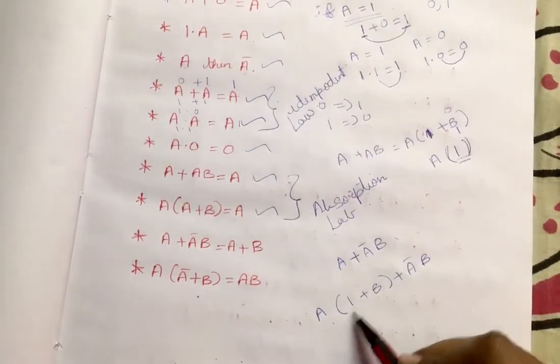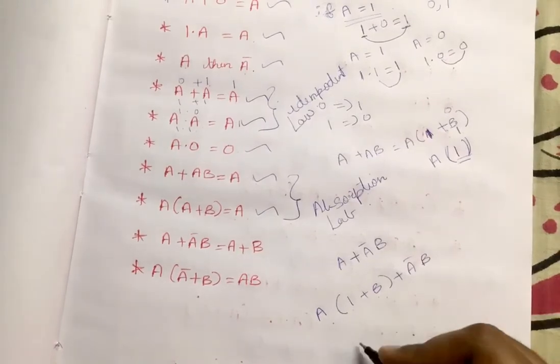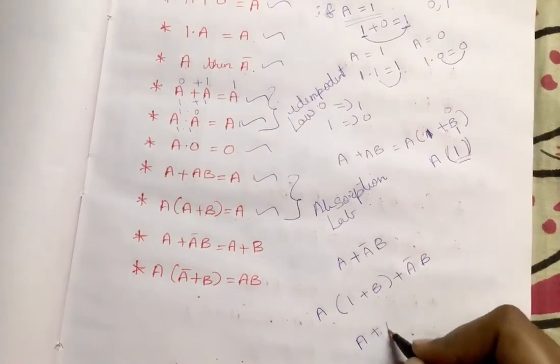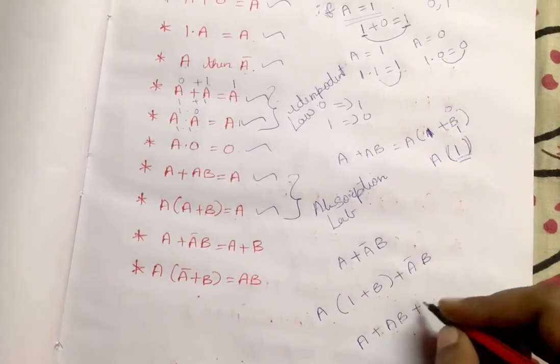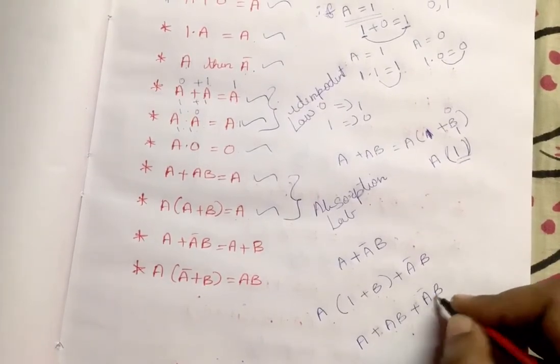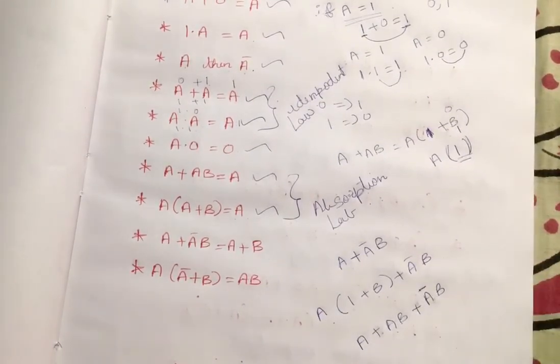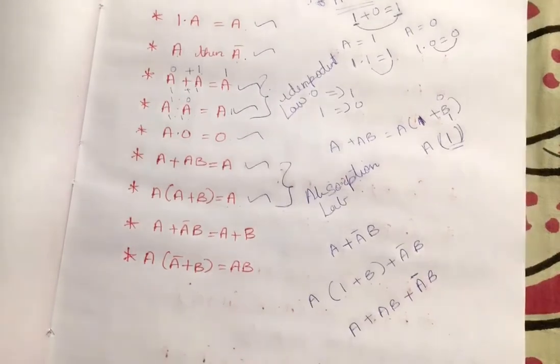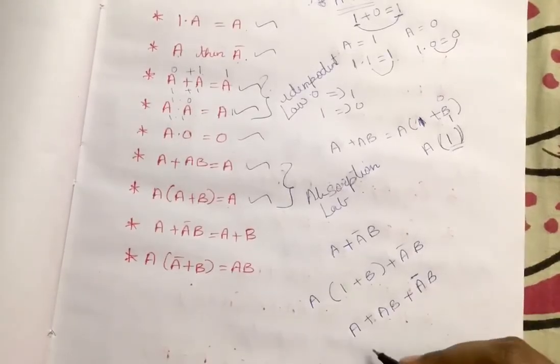Now I am going to multiply these values inside. So A plus AB plus A bar B. Okay, this is what I have multiplied. Now here I am going to take B as common.